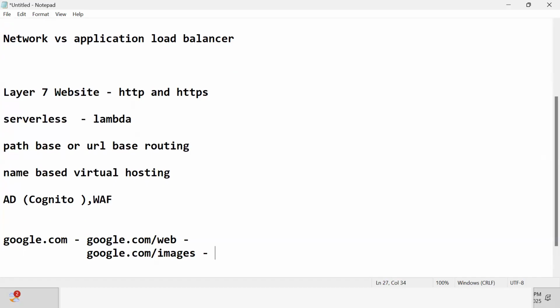It depends upon the path of the application that I want to redirect to the backend. The backend servers are different: my web search servers are different, and my image delivery servers are different. In this use case, how many sets of servers do we have? Two sets of applications we have. But what is the domain?